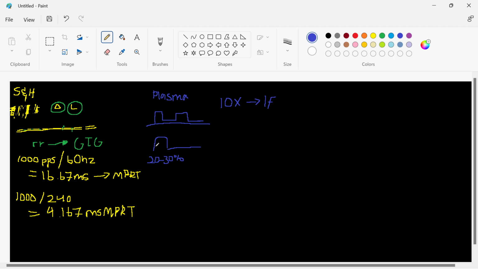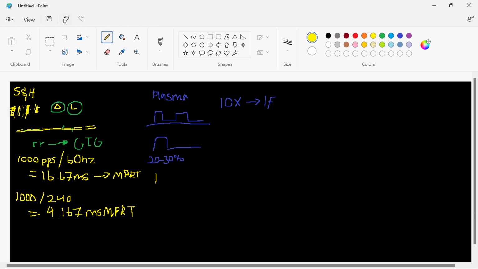20 to 30% is brighter than the rest of the frame, so there's no increasing it through frame insertion or whatnot. So let's do a calculation. On a sample and hold display right here, you have a maximum MPRT of 16.67 milliseconds, but the frame is only visible 20 to 30%. It's perfectly visible, but it's much brighter in this area, versus it just has a lower visibility time of 20 to 30%.